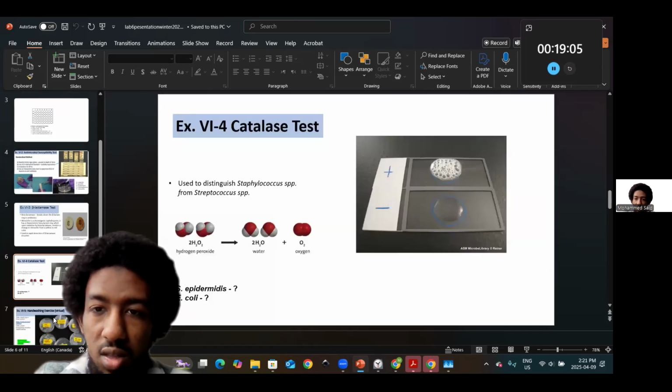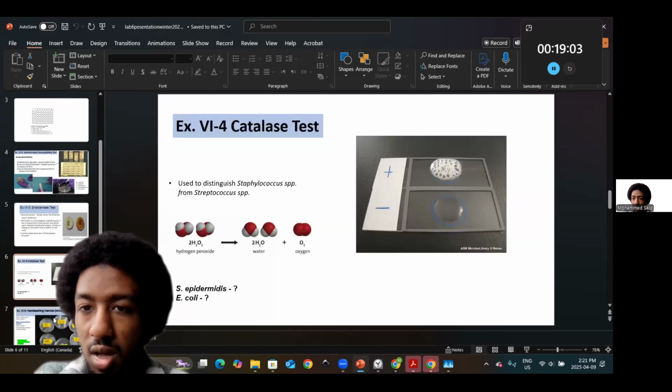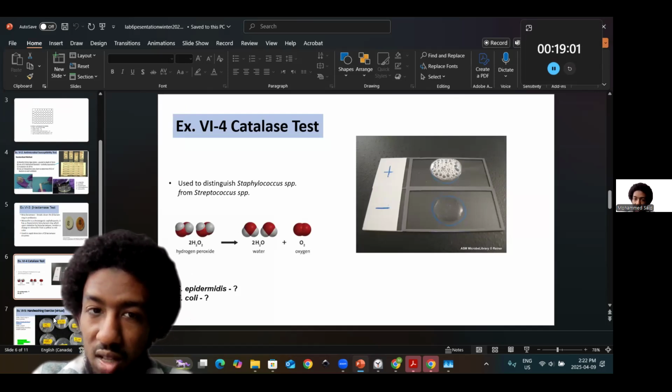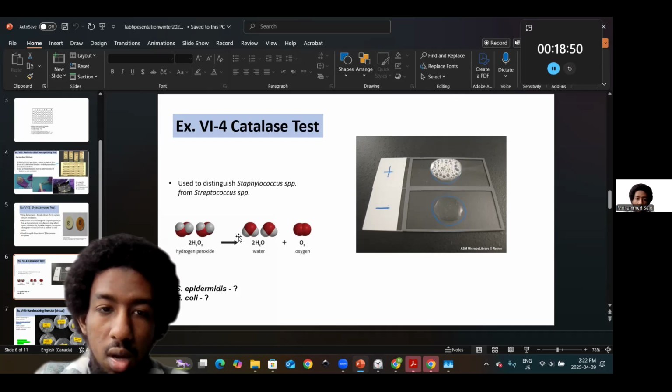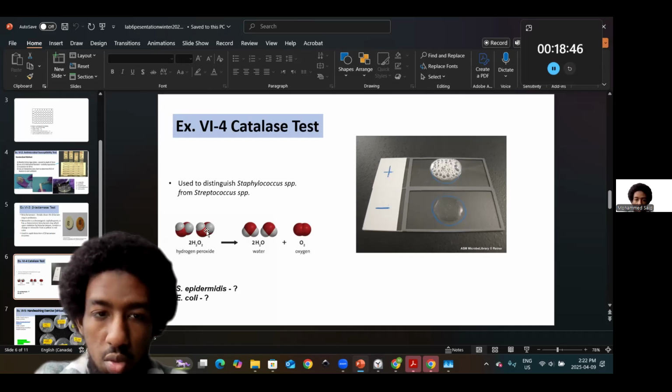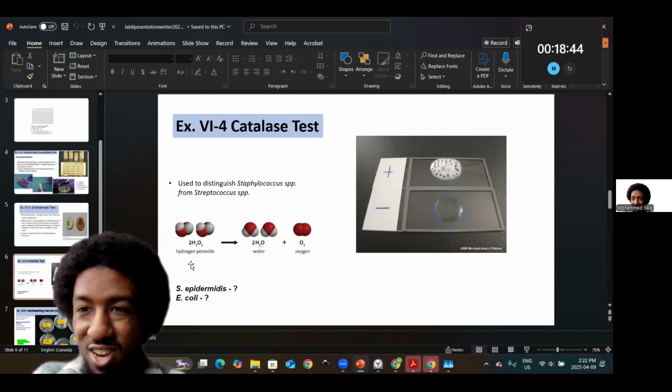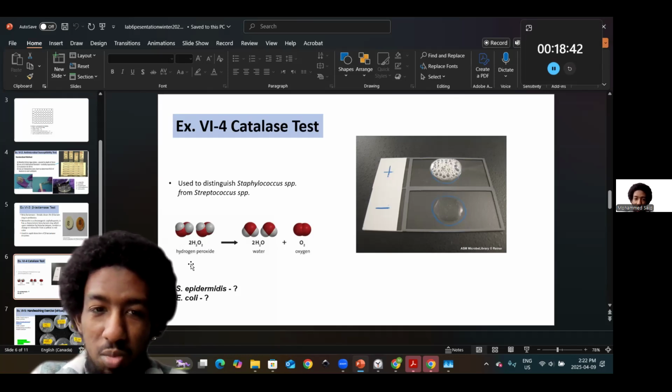The catalase test is quite similar in the sense that there are bacteria that may also have catalase. Catalase is an enzyme that can break down hydrogen peroxide and reactive oxygen species to essentially ameliorate the condition in which they're able to survive, i.e. to break down, at least in the case of hydrogen peroxide, which, as you recall, is a chemical germicide.